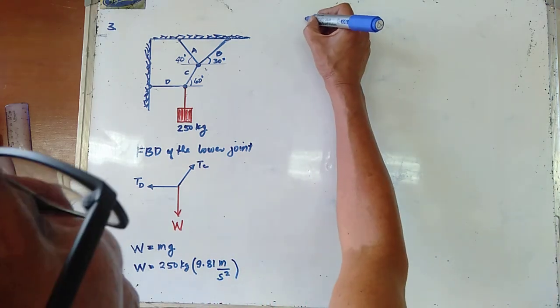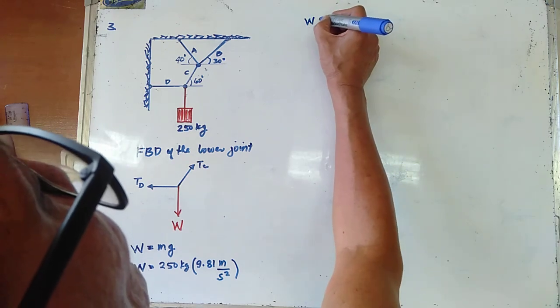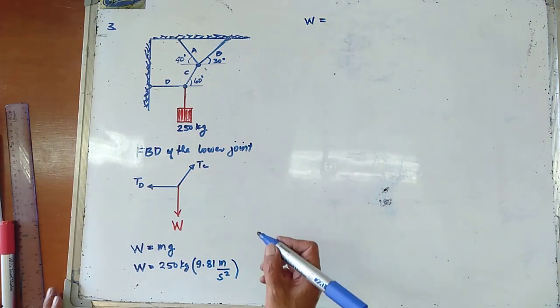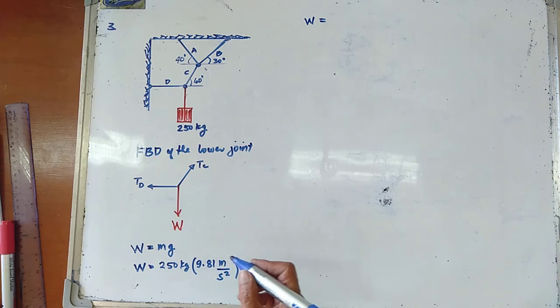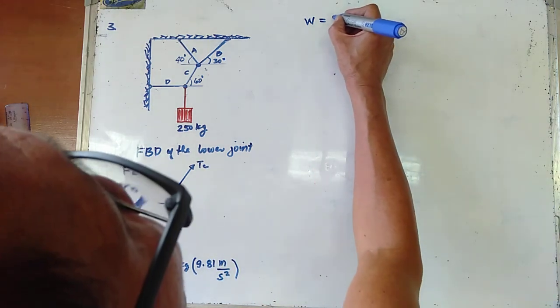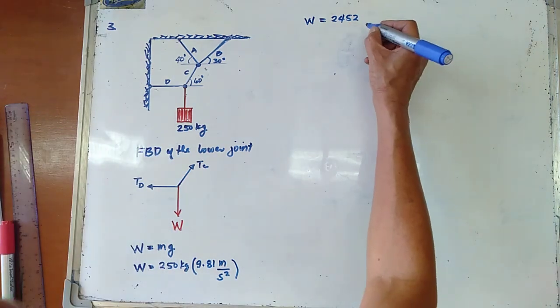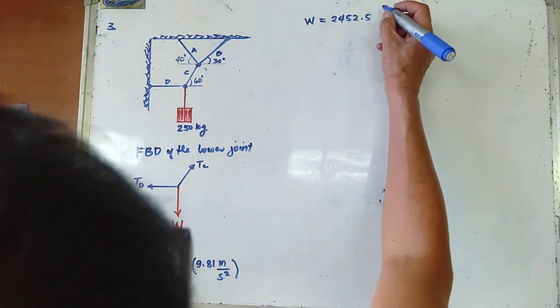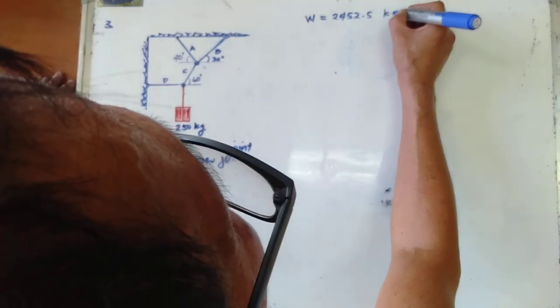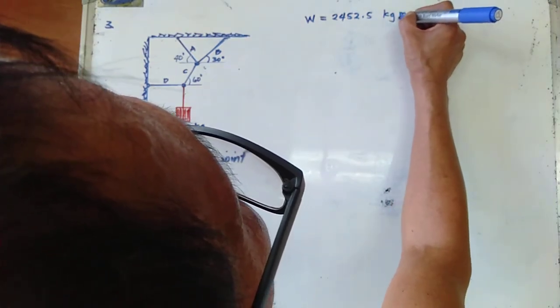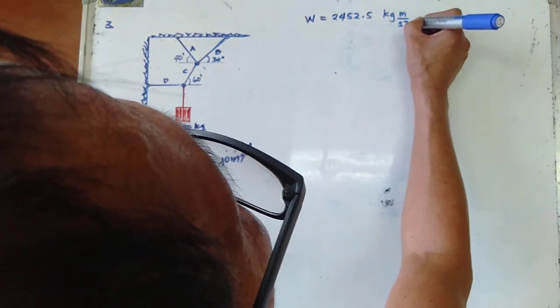So that the weight of the body is now equal to 2452.5. You try to take note that the unit is kilogram meter per second square.